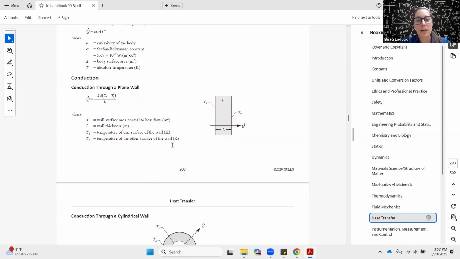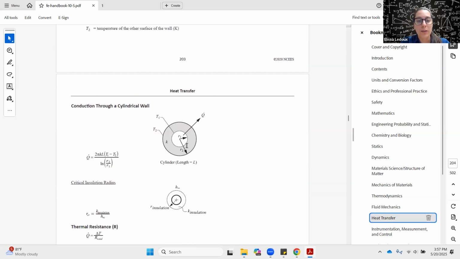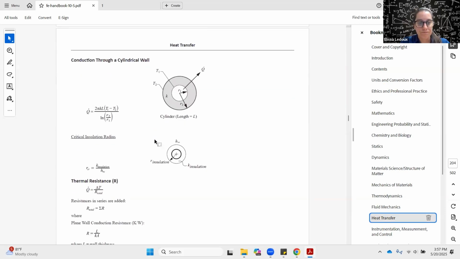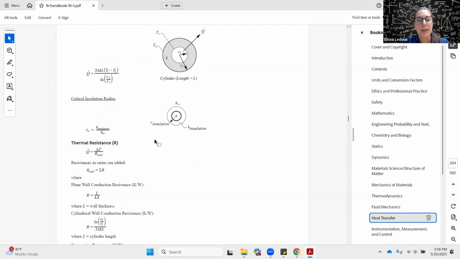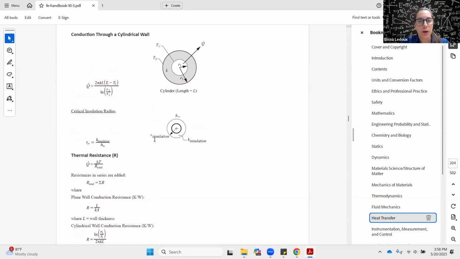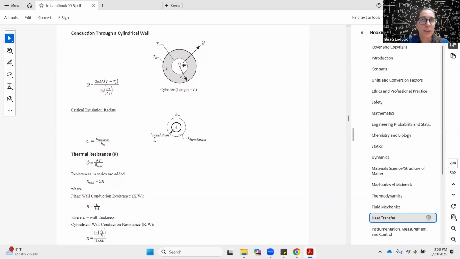Conduction through a plane wall, heat will always flow from a higher temperature to a lower temperature. That is the direction, not necessarily up, but just from high temperature to low temperature. So you can have it through a planar wall, or you can have it through a cylindrical wall where we go like from inside to outside, etc. And then you can sort of work heat transfer problems similarly to an electric circuit type of problem if you account for the thermal resistance of the material that the conduction is happening through.